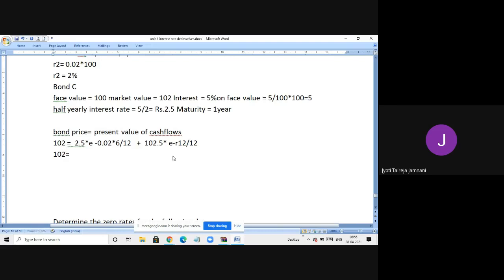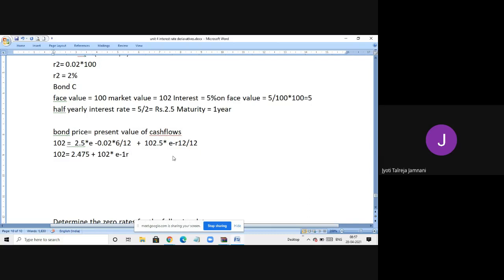So 102 is equal to 2.5 into e raised to minus rt. If we solve it, we get 2.475. Just check if you're getting the same. Plus 102 into e raised to minus 1r, because for 1 year, 12 by 12 is 1, so it is 1r.